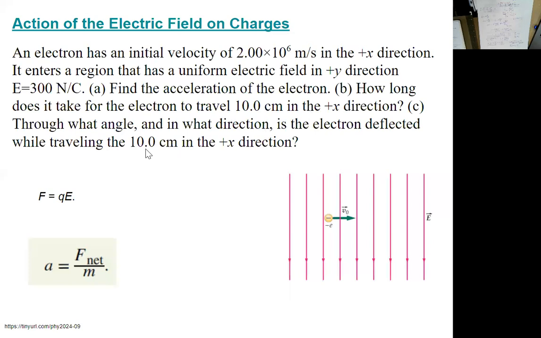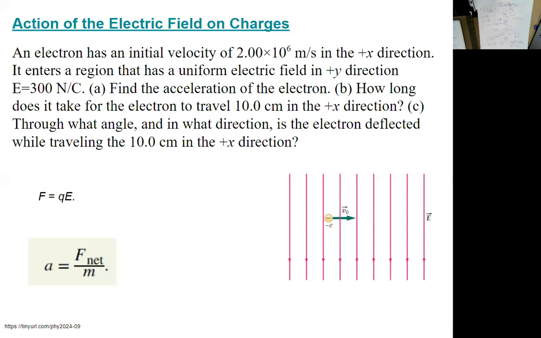Okay, there's a hint given here. The force that the electron experiences in this case should be the electric force. Electric force is equal to the charge times the electric field. So E is given. Now Q for the electron. A lot of times a problem like this will not tell you the charge of an electron because it's a constant fundamental number, so it's something you can look up.